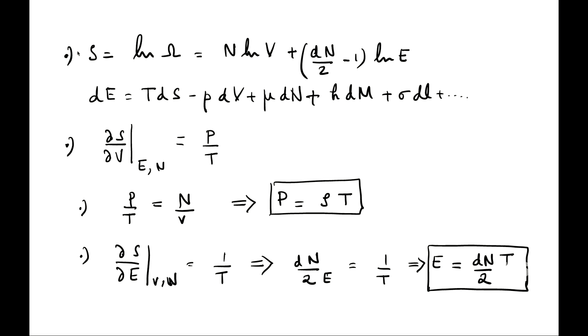Okay. What about this equation: I do del S by del E at constant volume, constant n. Del S by del E at constant volume is 1 by T. So I go back to this expression, I differentiate with respect to E, and I get 1 by T equal to dN by 2E, or E is dN by 2 times T. Is that right?